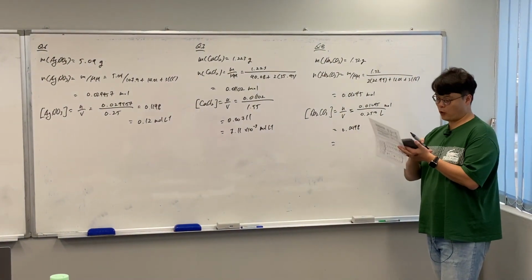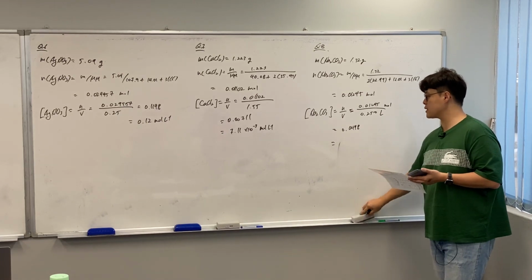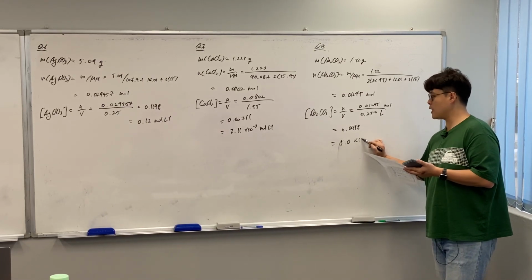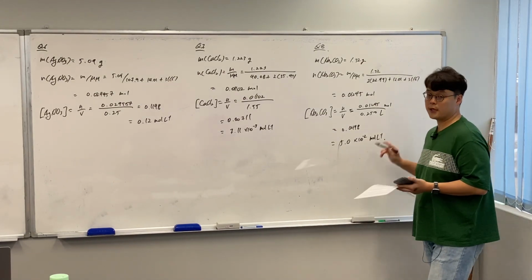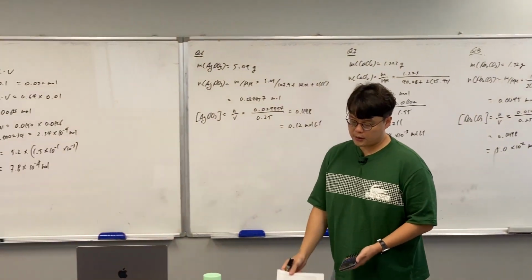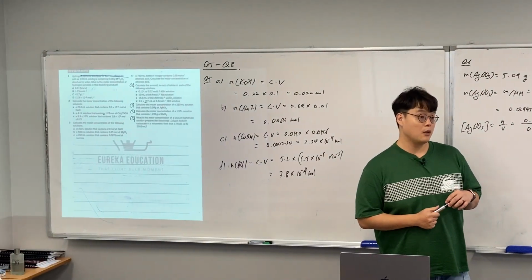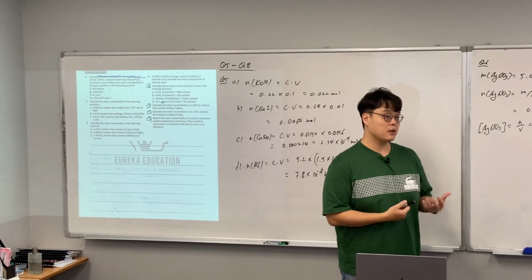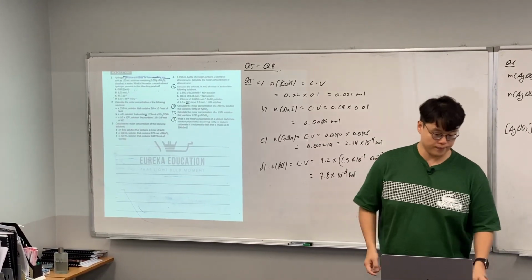So that would be 4.98, or 5.0 to be exact: 5.0 times 10 to the power of minus 2 mole per liter. That's how we can write the sig figs in a given unit as well. Pretty straightforward, I'm just repeating the same procedure again and again.